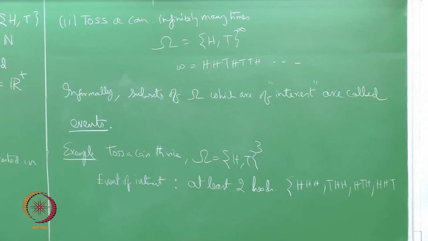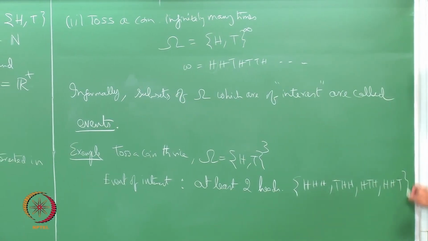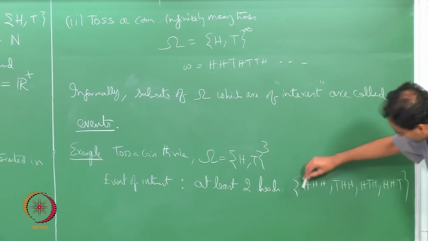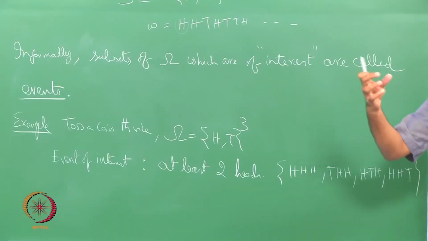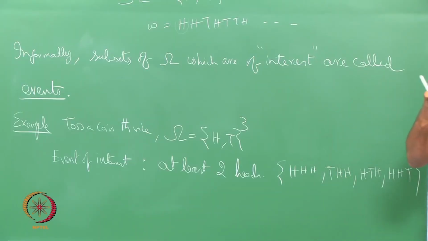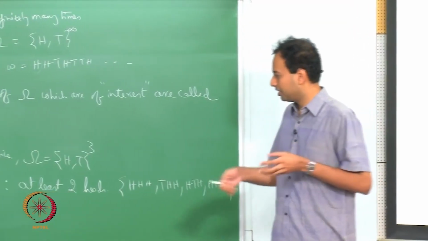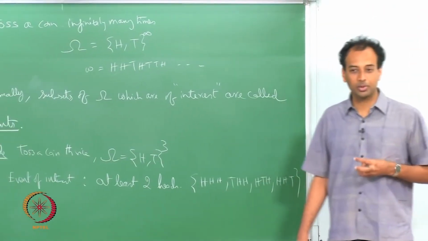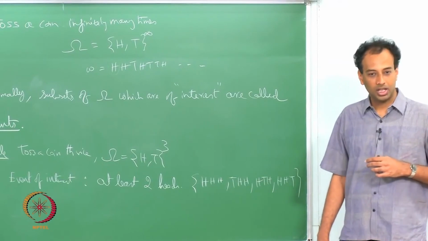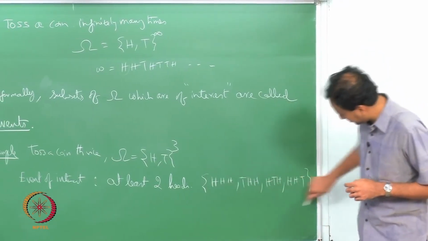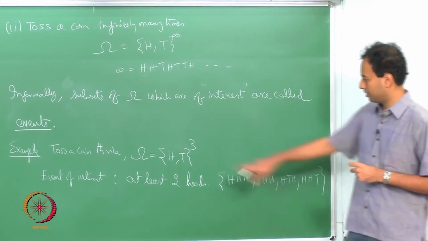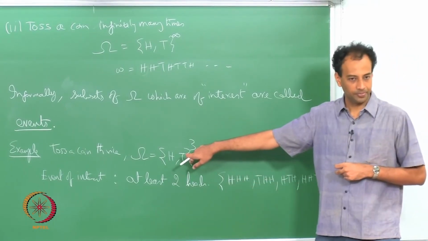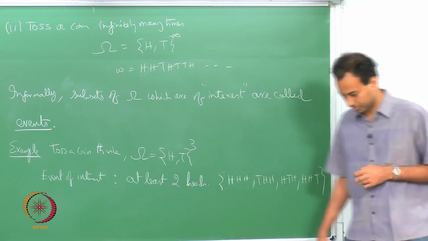That is it. These are the elementary outcomes. When you toss a coin thrice, the elementary outcome is a string of 3 heads and tails, and the event of interest, did at least 2 heads show up, corresponds to these strings, which is actually a subset of the sample space.